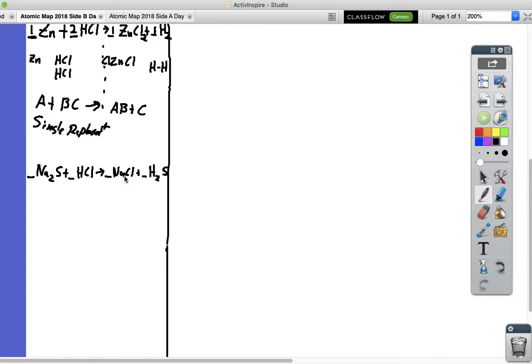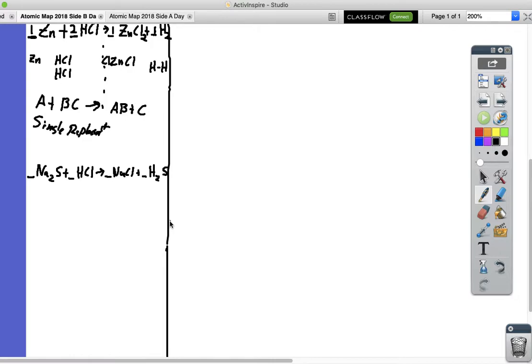All right, so we have a certain amount of Na2S and a certain amount of HCl gives a certain amount of NaCl and a certain amount of H2S. Do you guys see how the players just swapped?